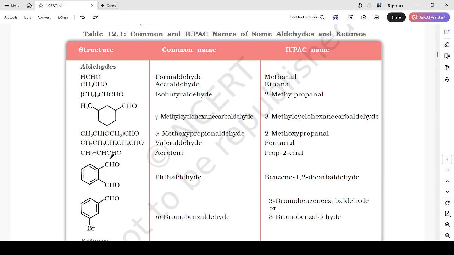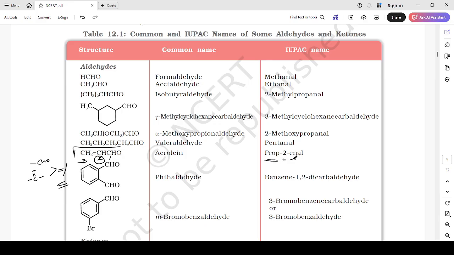Next one. 1, 2, 3. Aldehyde or ketone will be given preference over double bonds, triple bonds as well. So it's a 3 carbon system, prop. At the second position I'm having a double bond.